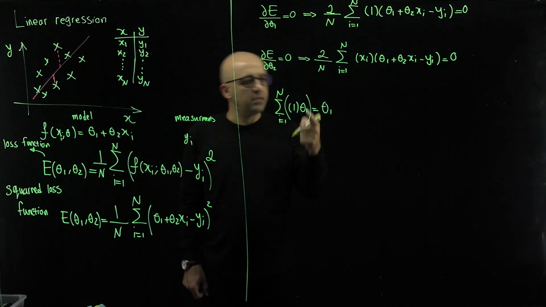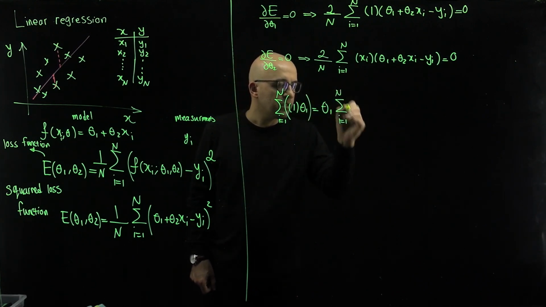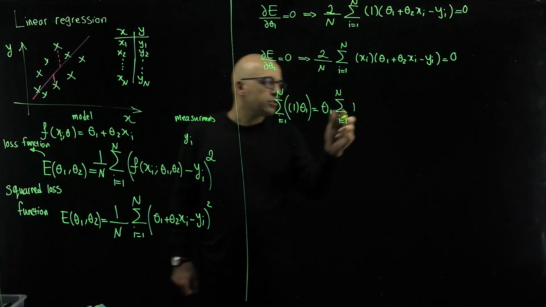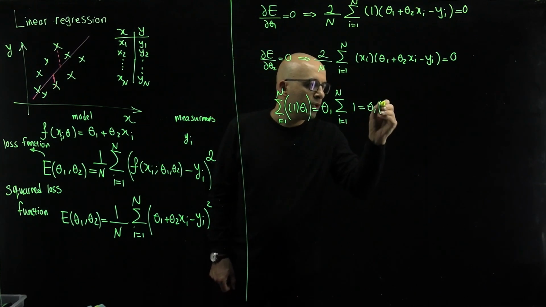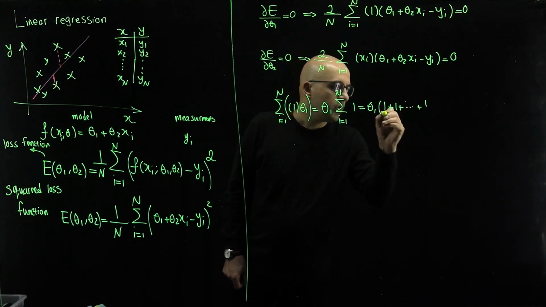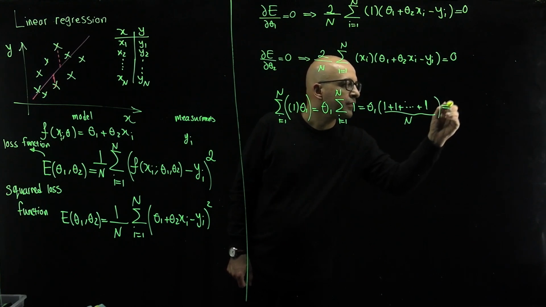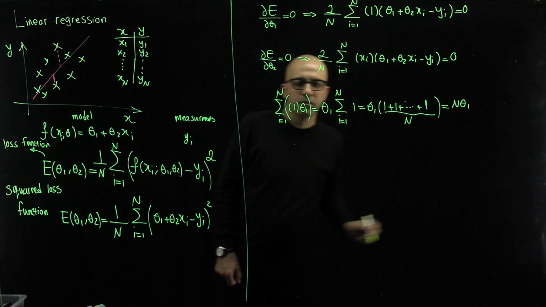So this is what this means: the summation of 1 means 1 plus 1 plus all the way plus 1, so n of these, which is n times theta 1.